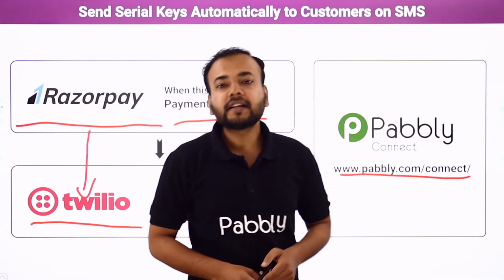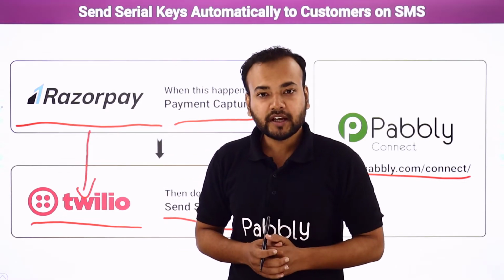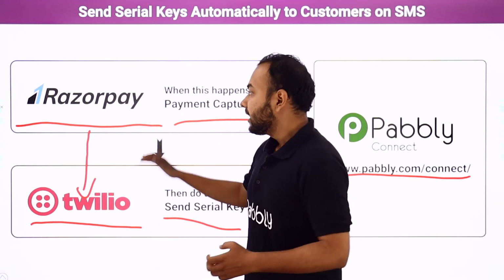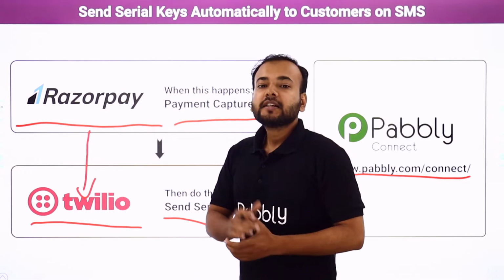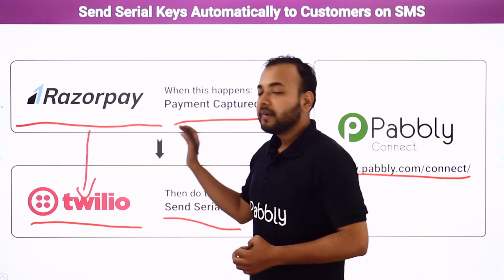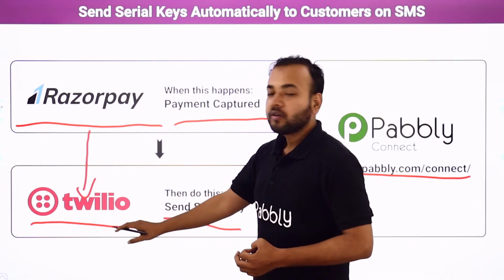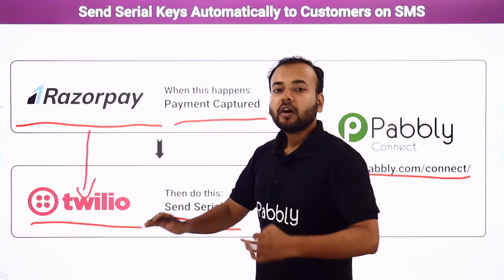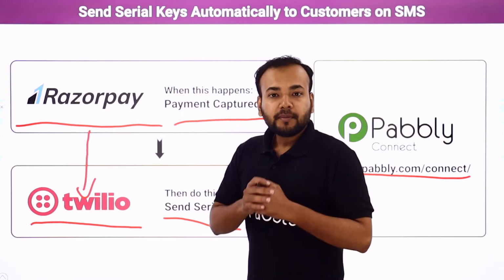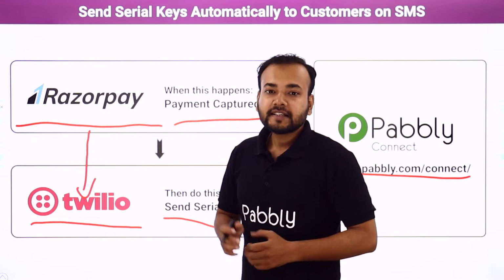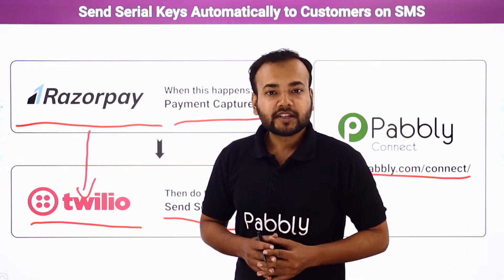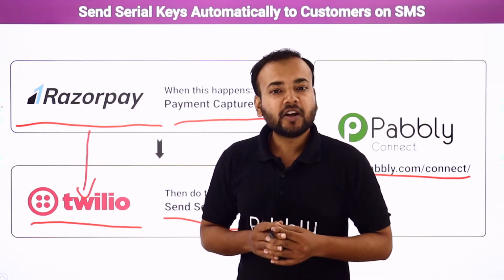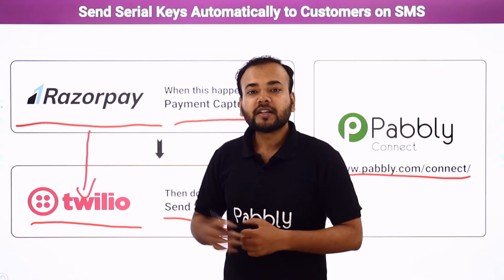Pabbly Connect is an integration and automation software, and it will connect these two applications together such that whenever you receive a new payment here, an SMS will get automatically delivered to the customer along with your serial key. And the best part of making this automation, guys, is that you will not require any coding skills or programming knowledge, so any non-technical person can also make this automation.